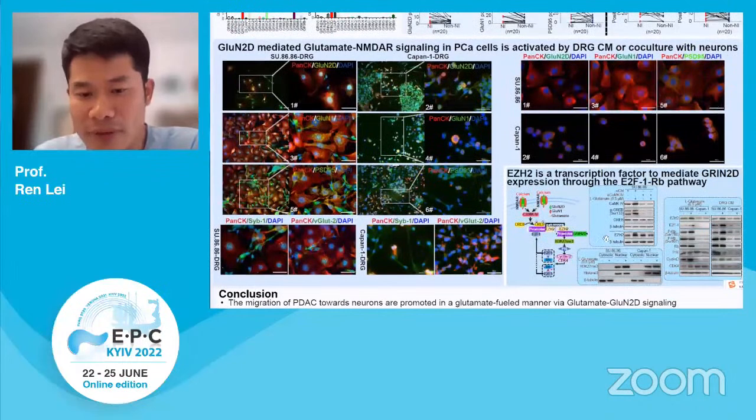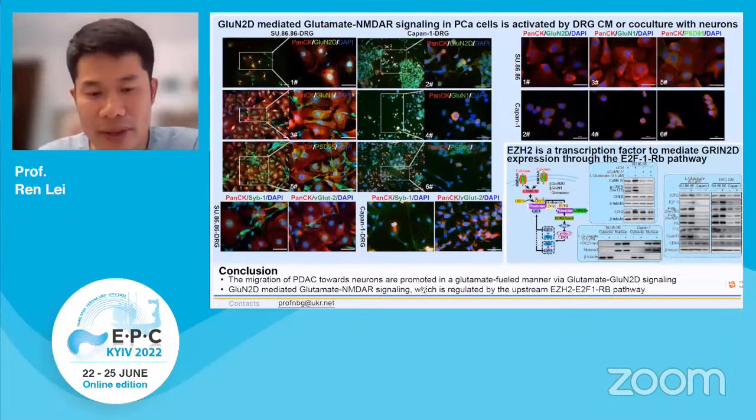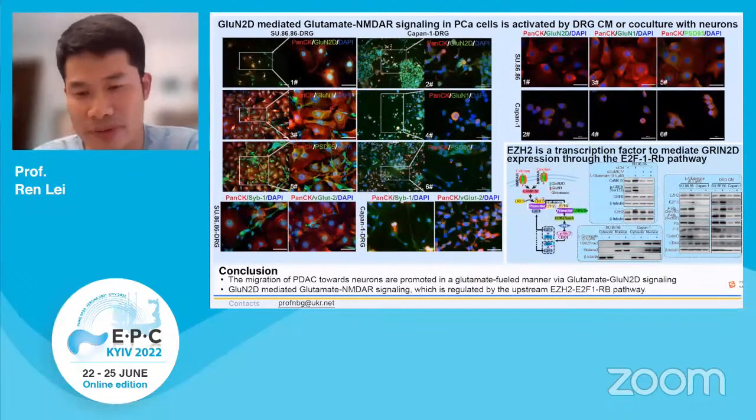And for the functional mechanism, glutamate and DRG conditioned medium treatment led to EZH2 enrichment, and GRIN2D was promoted by the EZH2 ETF1 signaling pathway. So finally, we conclude that neurons promote the migration of pancreatic cancer towards neurons in a glutamate-fueled way through glutamate NMDA signaling, which is regulated by the EZH2 ETF1 upstream regulatory signaling pathway.